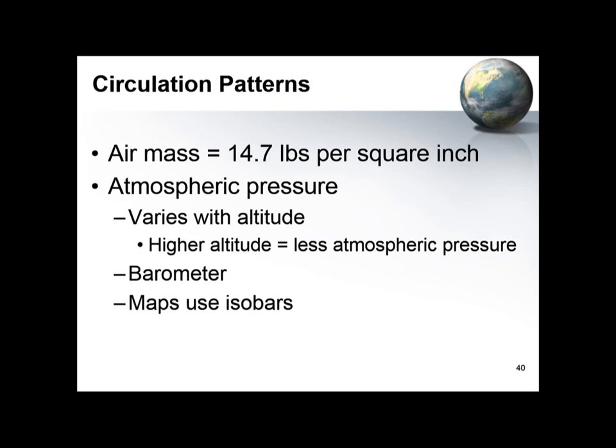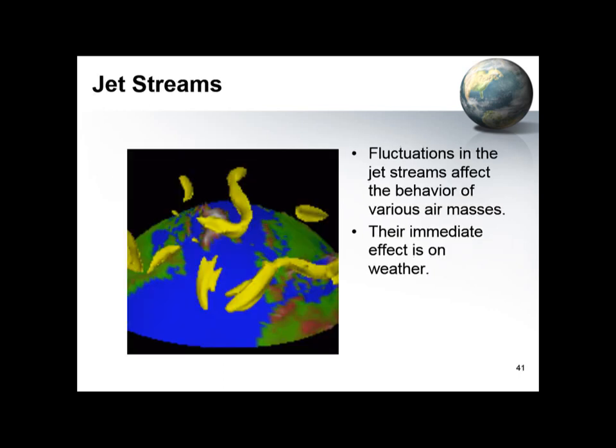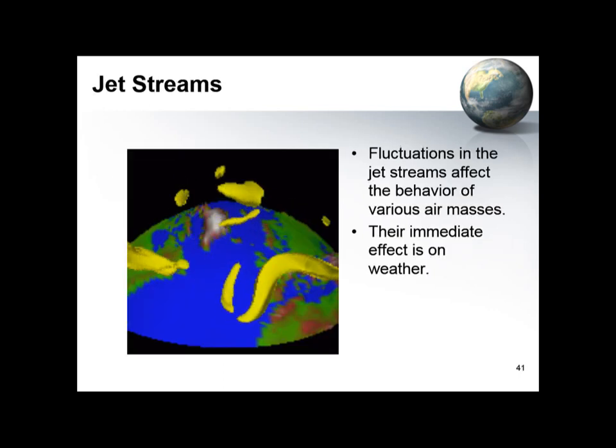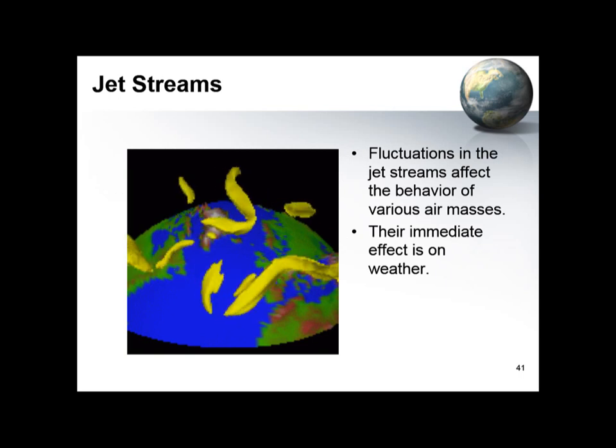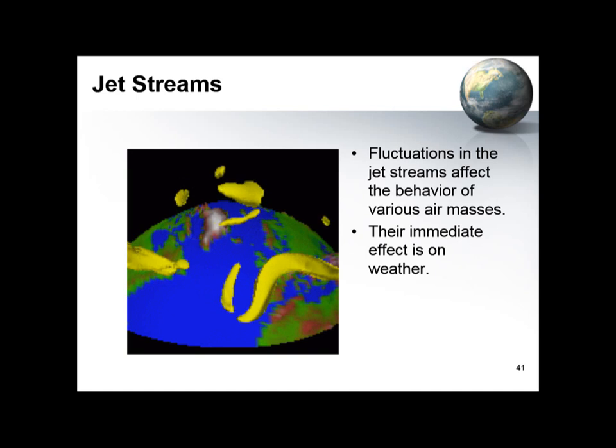Circulation patterns, air mass, atmospheric pressure varies with altitude, higher altitude. Barometer maps use isobars. And about jet streams. Fluctuations in the jet streams affect the behavior of various air masses.